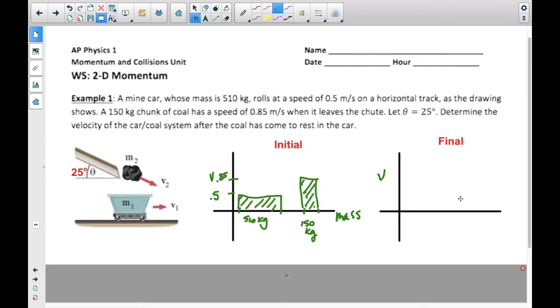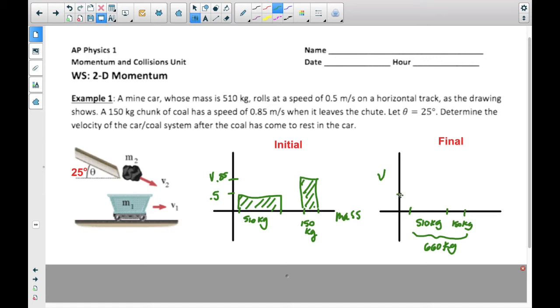Now they are going to hit each other, and the coal is going to go into the cart. So now we're going to have a total mass, and I like to put mine together. Some people like to keep theirs separate, but I'm going to have 510 kilograms. And since they're sticking together, I'm just going to draw them right next to each other. So this is 510 kilograms here, 150 kilograms here. And the question is, what is their final velocity going to be?